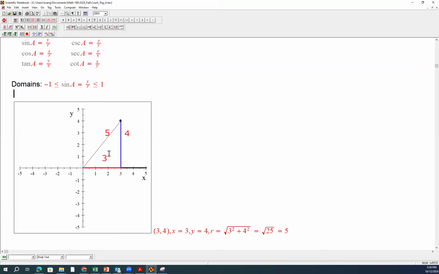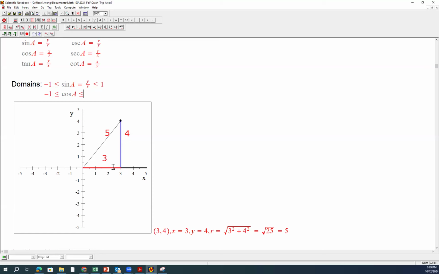How about cosine? Cosine is also between -1 and 1 for the same reason, because cosine is x over r, okay? X over r. X is one of the legs, right?